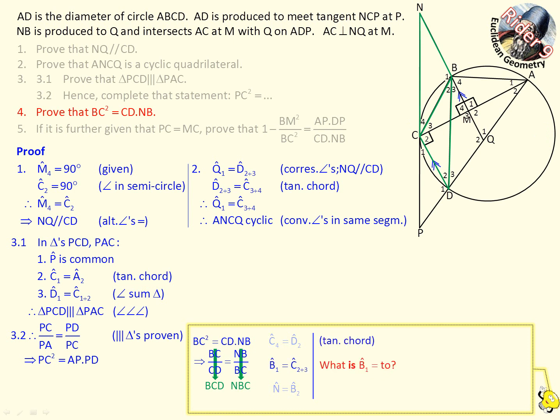All right. To find B1, I say, well, what is B1 equal to? And we look at exterior angle triangle. B1 is equal to C3 plus C4. C3 plus M4, sorry.